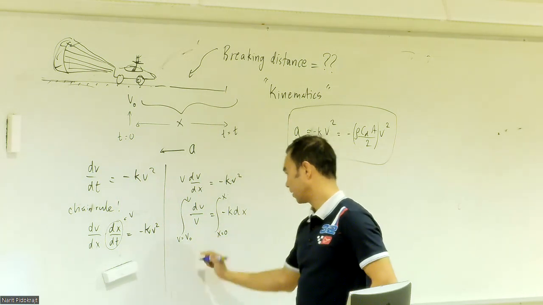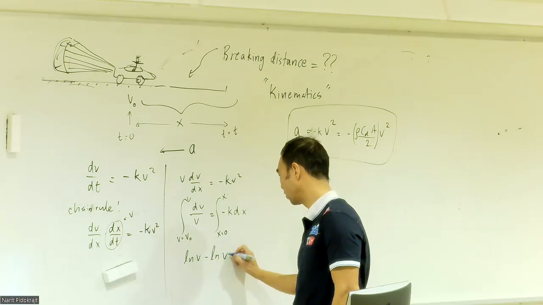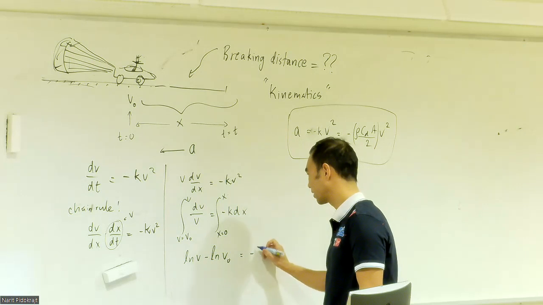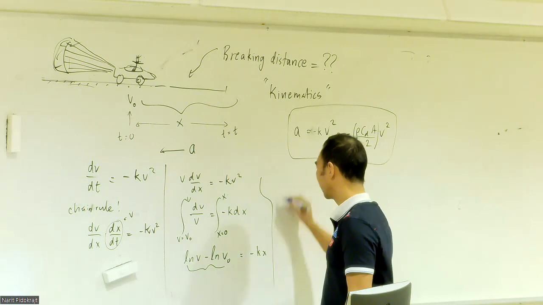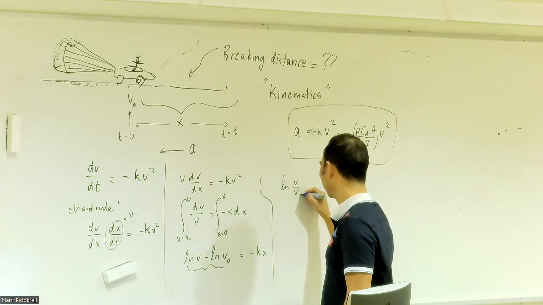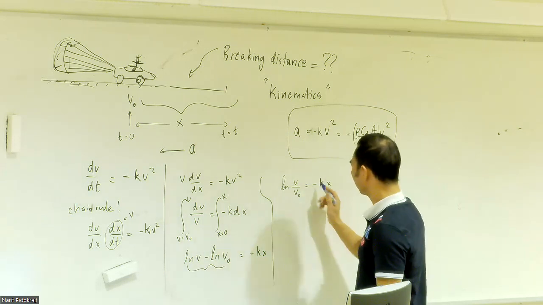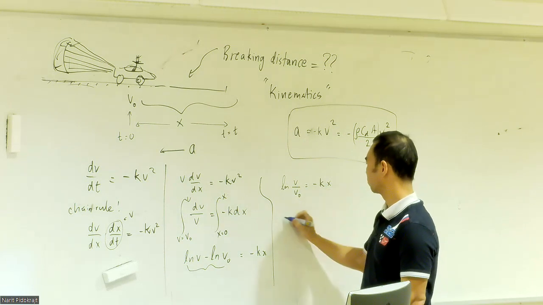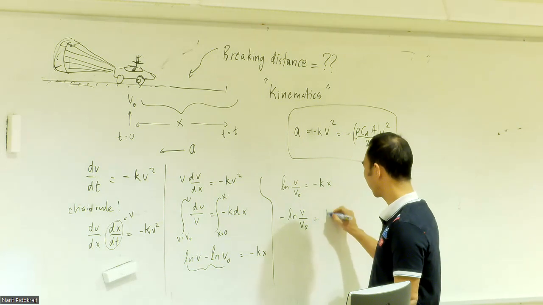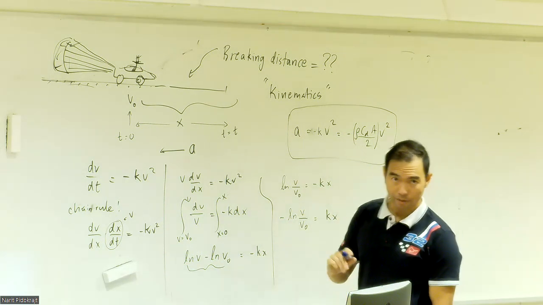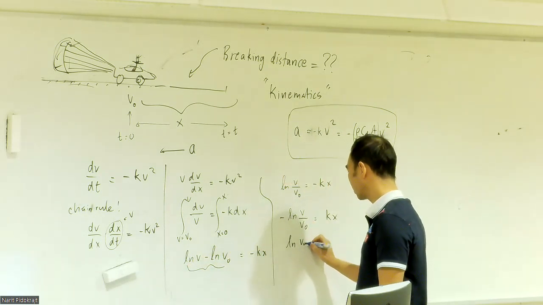The next step is basically math. You get ln v minus ln v0, equal to minus k x. This can be rewritten as ln(v over v0) equals minus k x, and I'm going to do a little trick here. You don't want to have minus k x, no problem. Just rewrite it as minus ln(v over v0) equals k x, and because of the logarithm rules, you can turn this into ln(v0 over v).